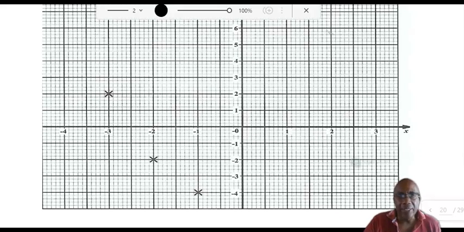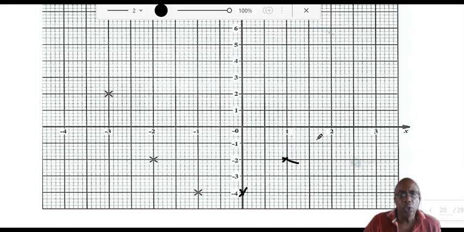When x is 0, y is -4, so we plot the point at -4. When x is 1, y is -2. These are the values shown in the table.